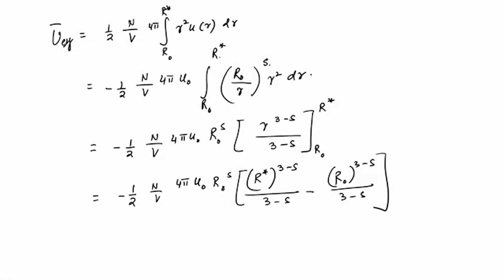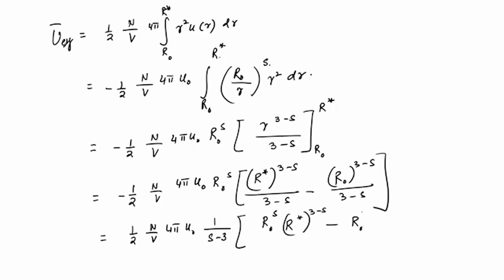Finally, we can simplify this and write it as half N over V 4 pi u naught, and we have 1 divided by s minus 3. We just absorb this minus sign, and it becomes s minus 3, and you have r 0 to the power s, r star to the power 3 minus s, minus r 0 cube.